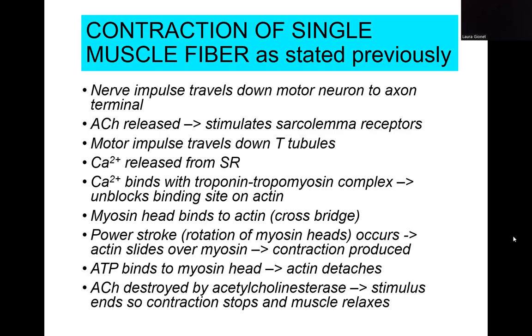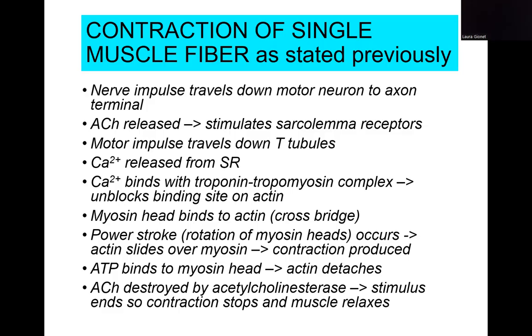Calcium binds to the troponin tropomyosin complex, which then unblocks the binding site on actin. Myosin head binds to actin, forming the cross bridge. Then you have the power stroke, the rotation of the myosin head, causing actin to slide over the myosin. That's our contraction. ATP binds to the myosin head so that it detaches from actin.